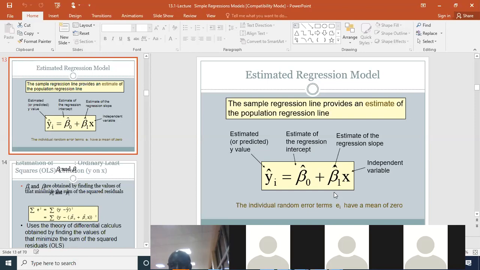That is the OLS procedure. You use the OLS procedure to find the values of beta naught cap and beta 1 cap that minimize the error term. I'm repeating that.